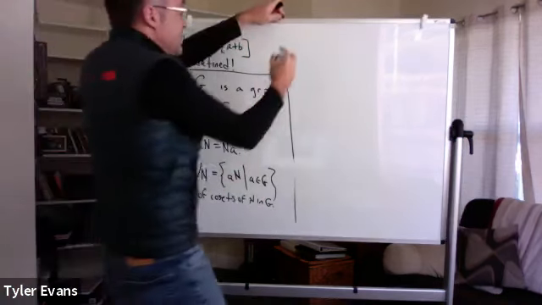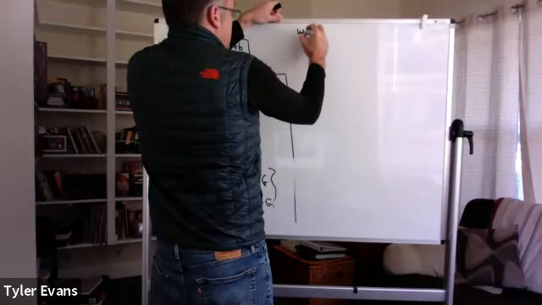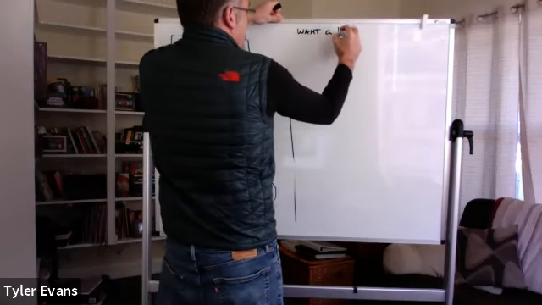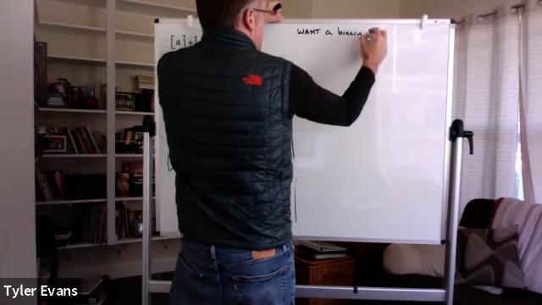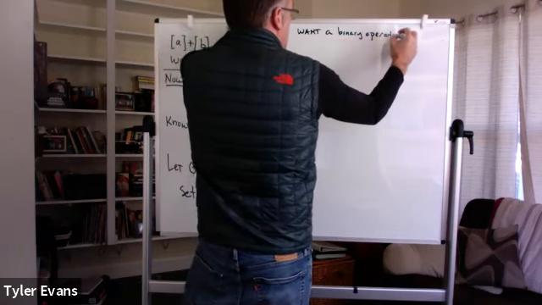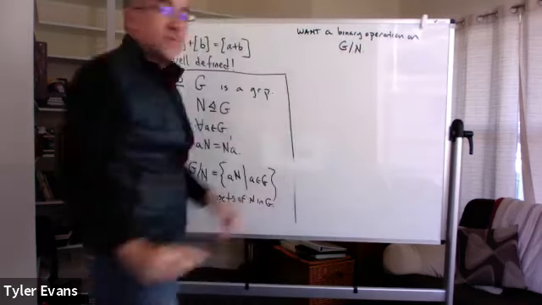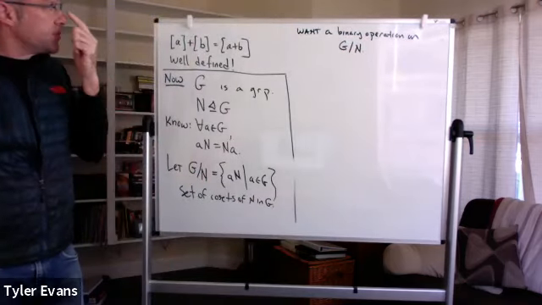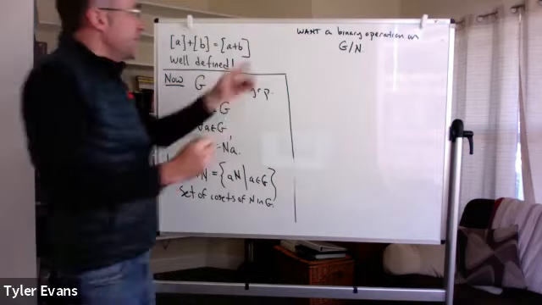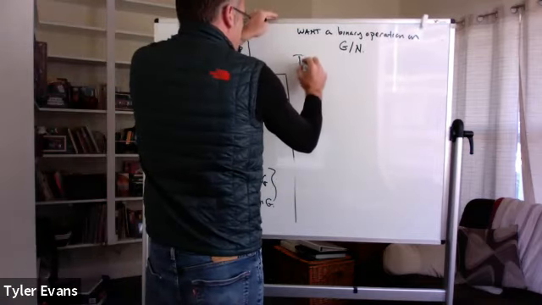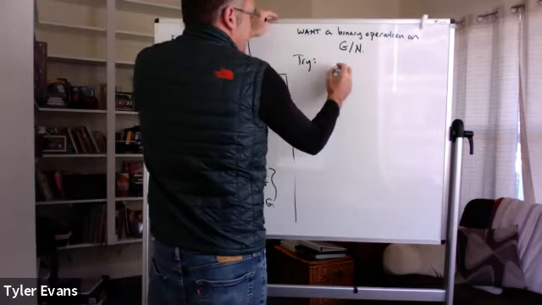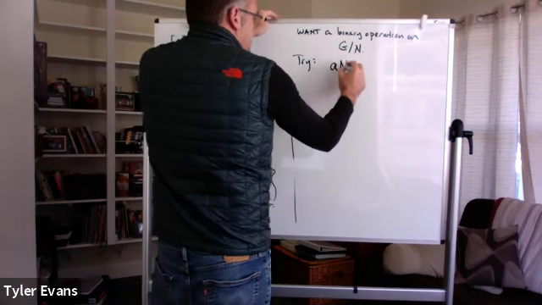Let's try it. So let me write down what I want. I want a binary operation on G over N. That's what I want, a binary operation on G over N. What could it be? Let's try this. What's an element of G over N look like?